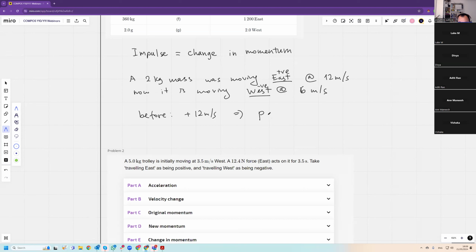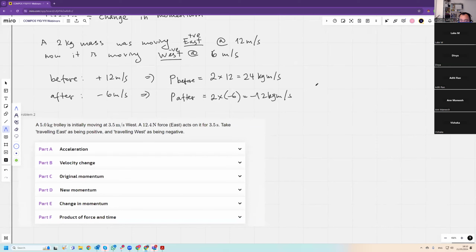Therefore, the momentum before was 2 times 12, which is 24 kilogram meters per second. After, the velocity is minus 6 meters per second. So momentum after is 2 times negative 6, which is negative 12 kilogram meters per second, because it's moving in the opposite direction.